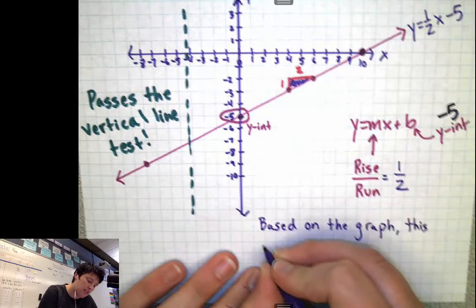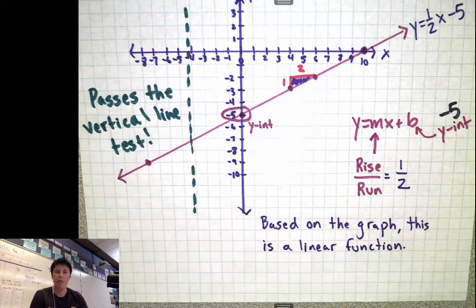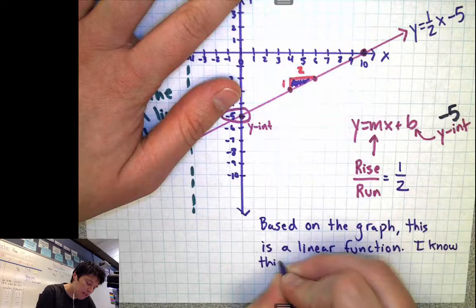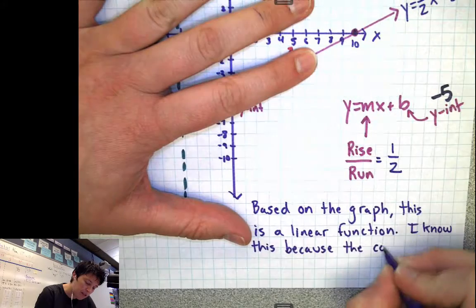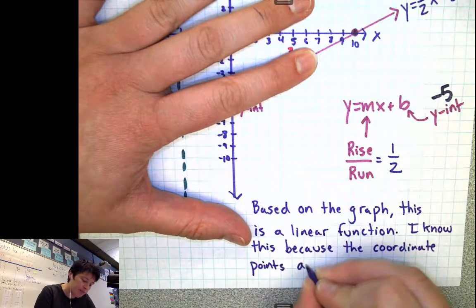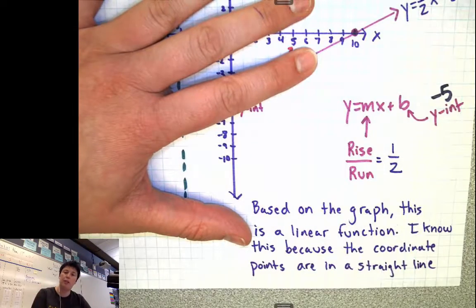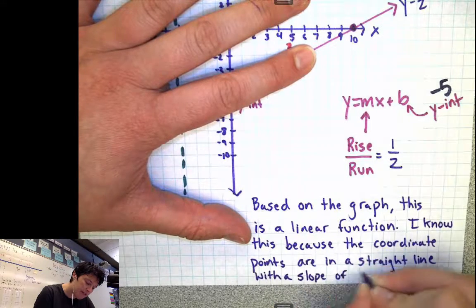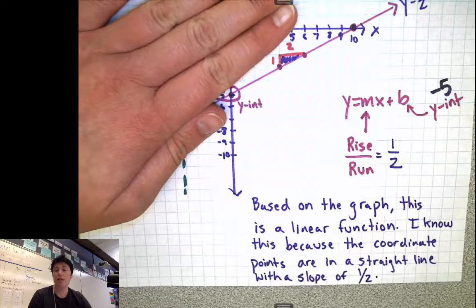Based on the graph, this is a linear function. I know this because the coordinate points form a straight line with a slope of 1/2.